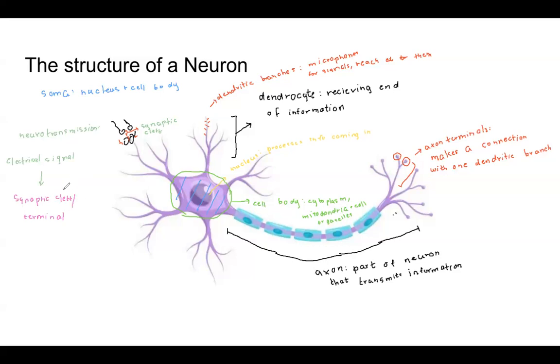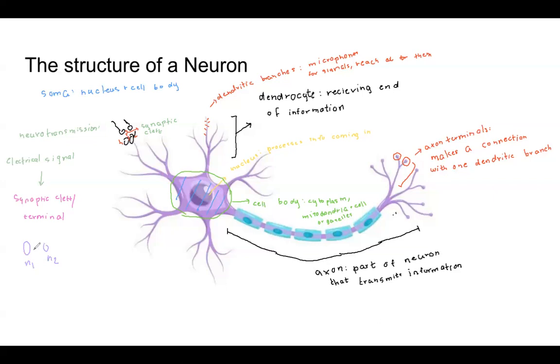So then what happens is once it reaches the synaptic cleft, the presynaptic neuron, or the neuron that's transmitting information to the other. So let's draw a small diagram here, right? And this is the axon of N1, neuron 1, and this is the dendrite of neuron 2.